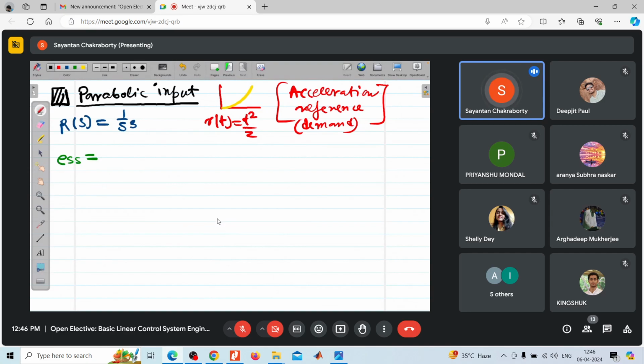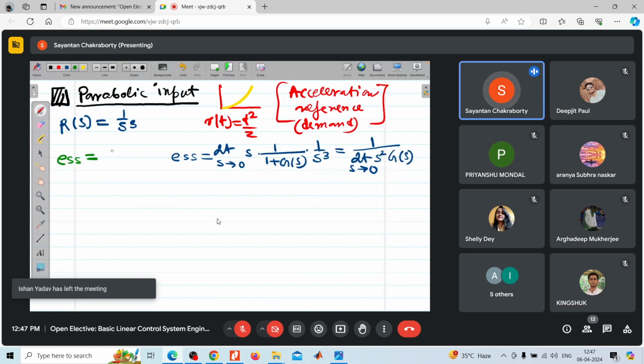For that, let us write down over here. ESS will be defined as limit s tends to 0 of s times R(s) over 1 plus G(s). So basically it will come out to be limit s tends to 0 of 1 by s square G(s), right? So it is like 1 by Ka.